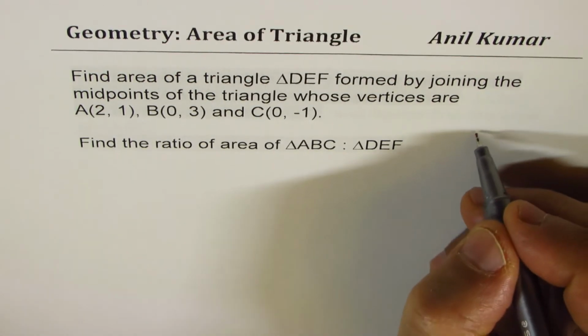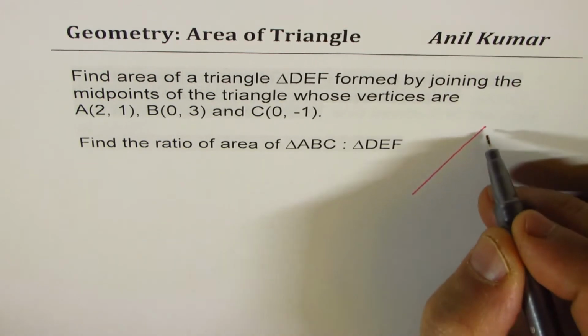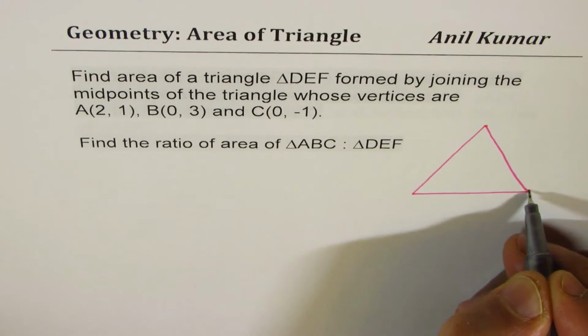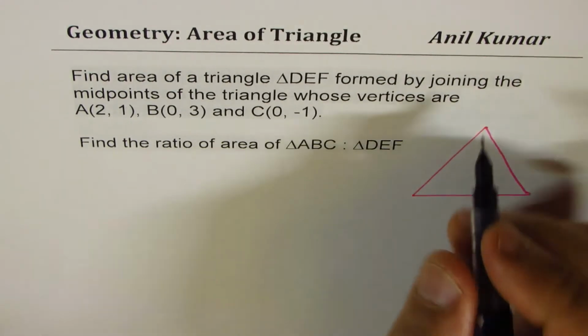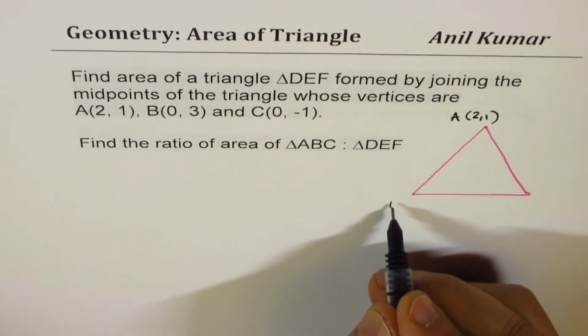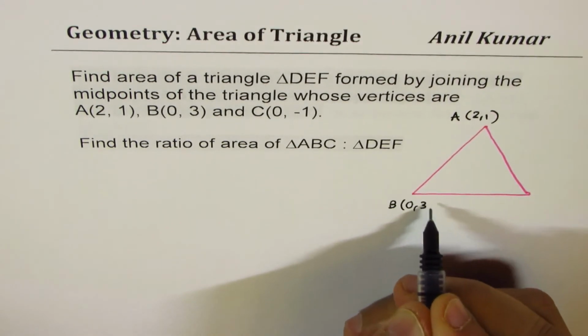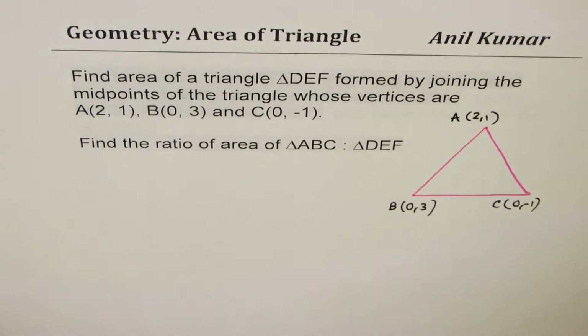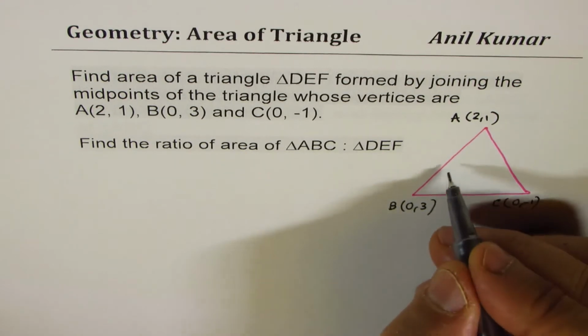So let me draw this triangle now, this time. So we have A, which is 2, 1, B, 0, 3, and C, which is 0, minus 1. Perfect. Now for their vertices, we know midpoints.